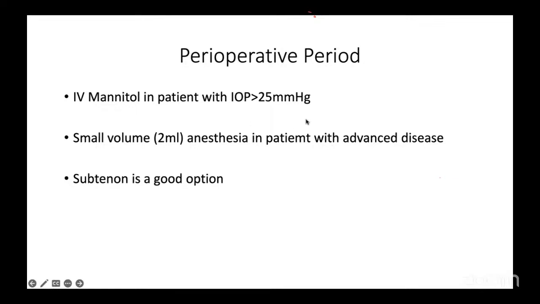So it's no more 0.4. Now you are actually giving 0.1 mil, and that 0.1 mil should actually contain 0.04. You can give between 0.04 to 0.05. That is what you give, not 0.4. Absolutely not 0.4.